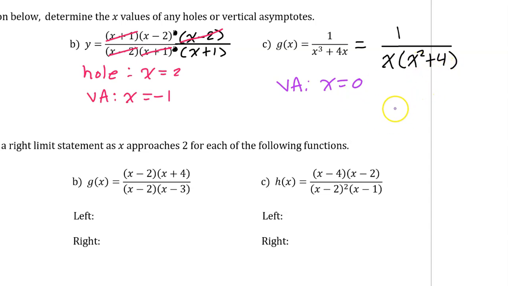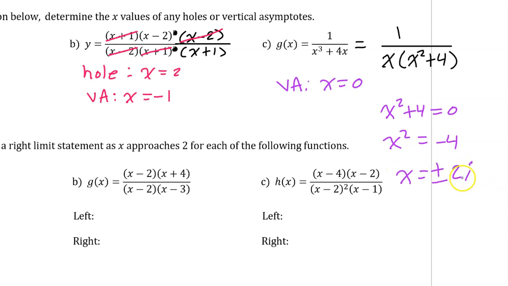No, I won't. That's because if I set x squared plus 4 equal to 0 and solve, I'm going to get imaginary numbers. So this would be x squared is equal to negative 4. Taking the square root of both sides, this will give me x is equal to plus or minus 2i.